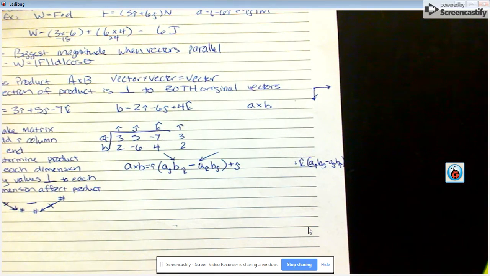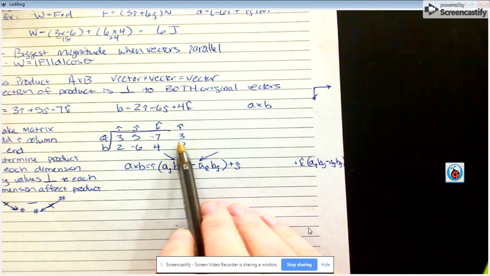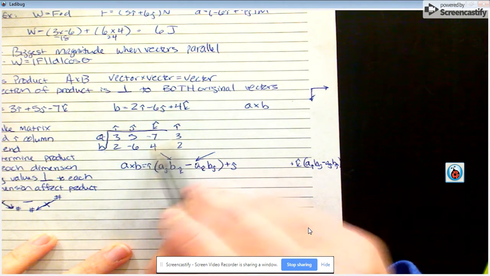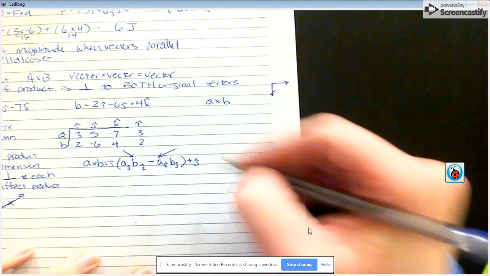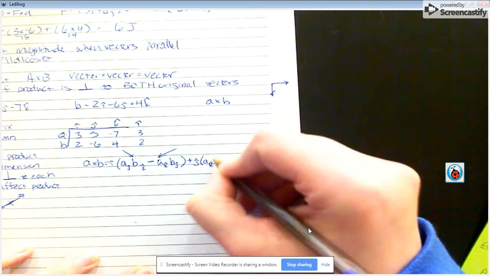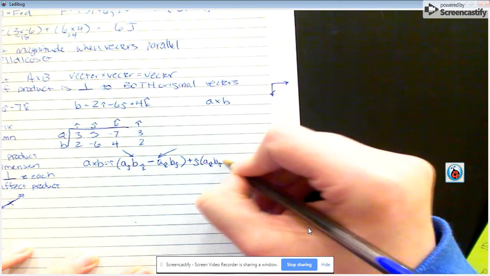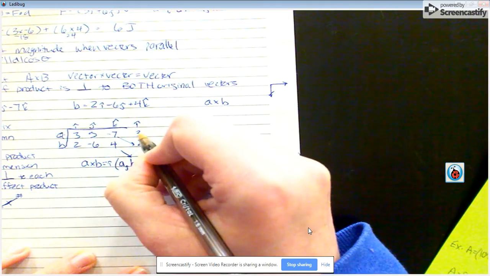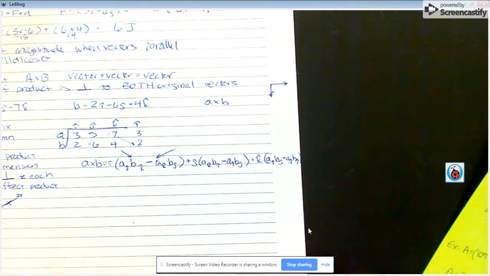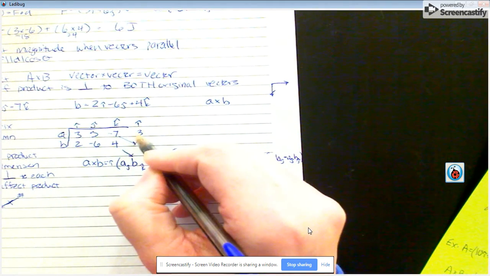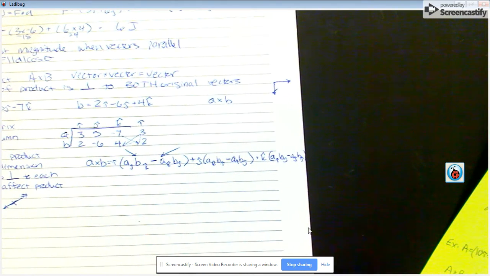And rather than remembering to skip the middle and change directions, by moving this i hat column over here, you just do the same pattern. So you're taking A's k hat times B's i hat minus A's i hat times B's j hat value. By shifting that column over here, we can just keep that pattern, and I find that easier to remember.